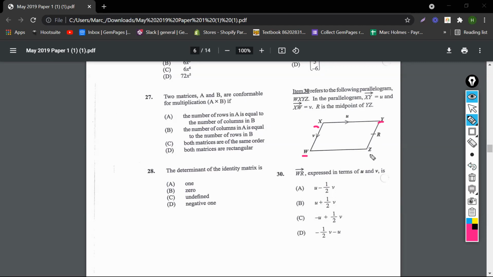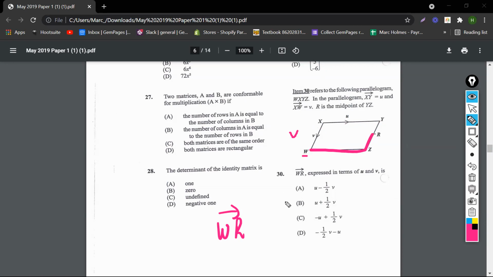In the parallelogram, X to Y, which is this distance right here, is U, and X to W, which is going down in that direction, is V. We can already see it from the diagram, so we don't even need to label it. It's asking us for W to R, which is from here to here.